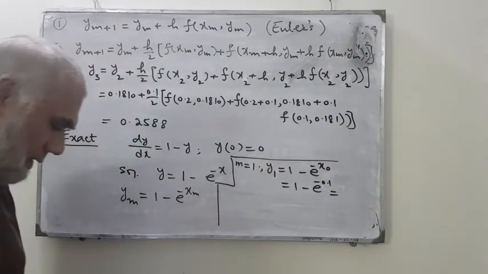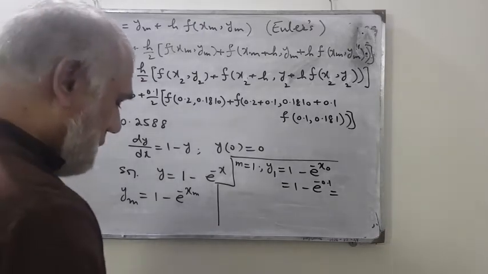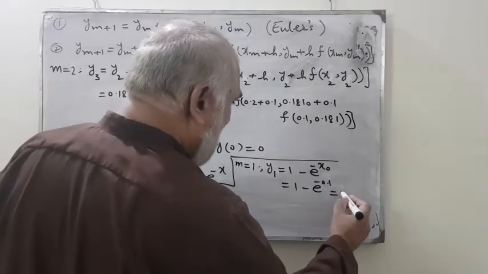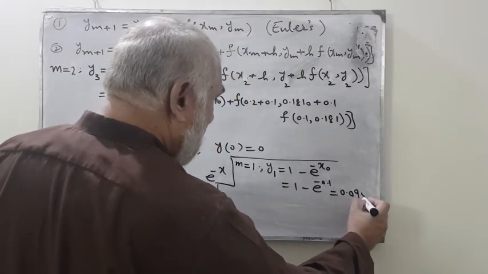If you use your calculators, you will be able to find the results very easily, no problem at all. I hope you can do it. So the result is 0.095 and 2.